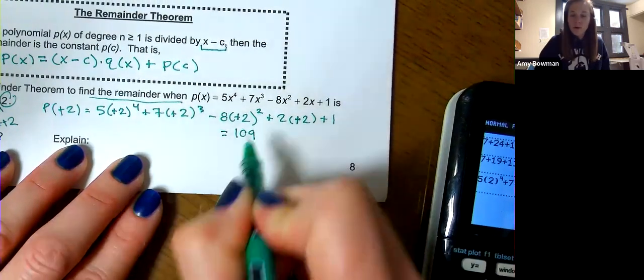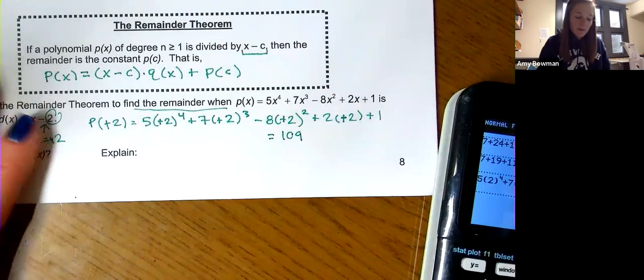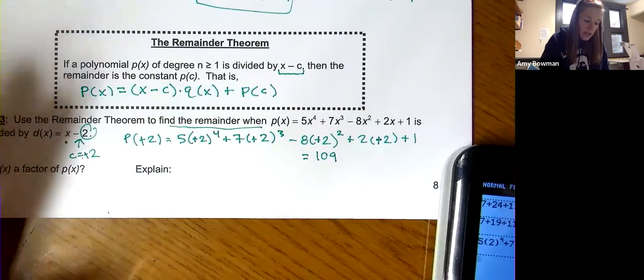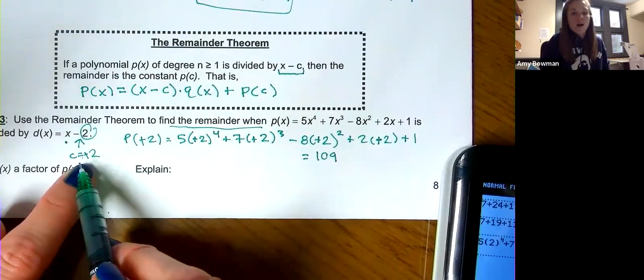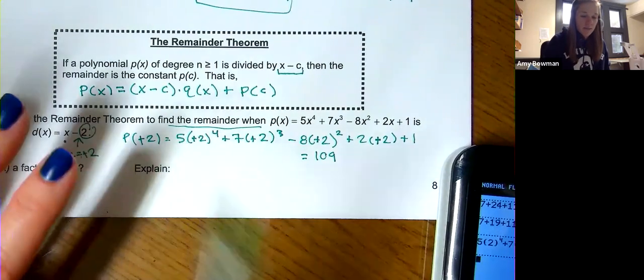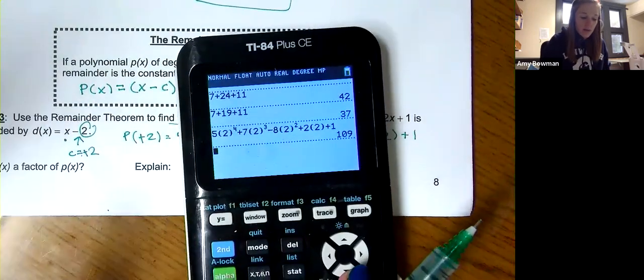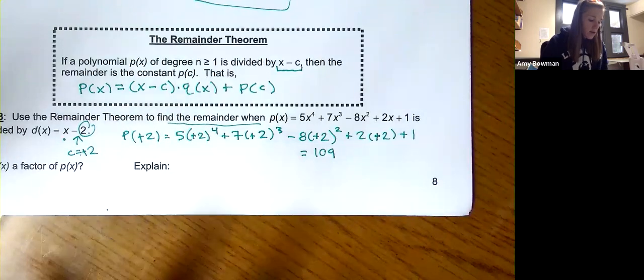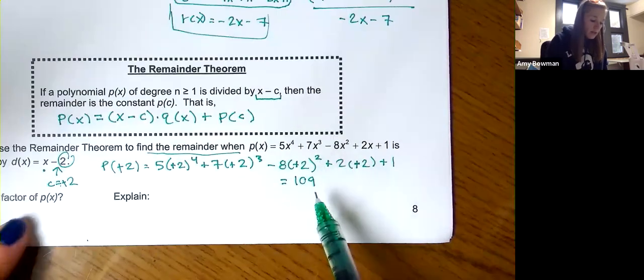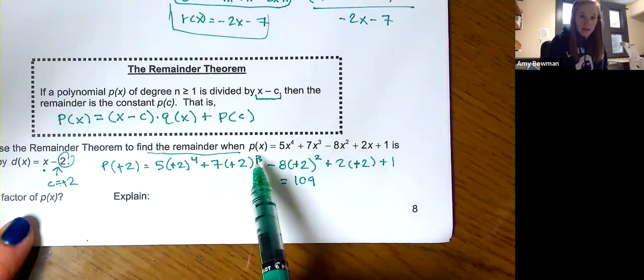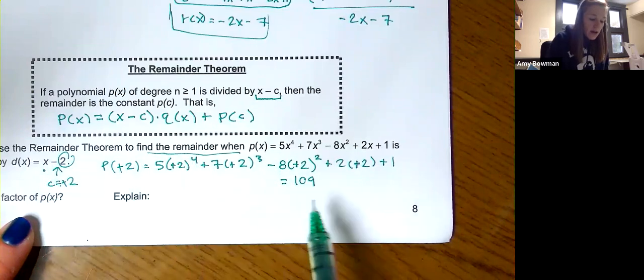Okay, so again, this is a perfect demonstration. Check your work. First of all, make sure you're plugging in the correct c value. Also, because it is easy to miskey, I would just do it twice on a test or quiz. So we know the remainder when p of x is divided by x -2 is 109.